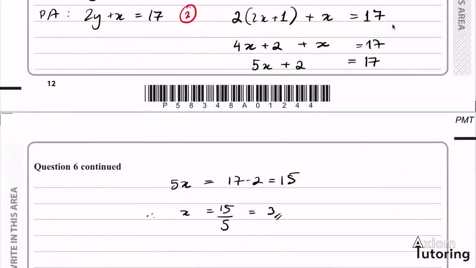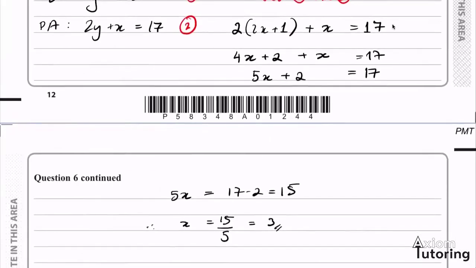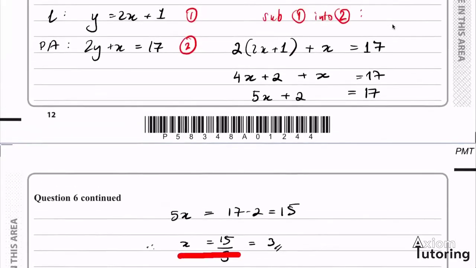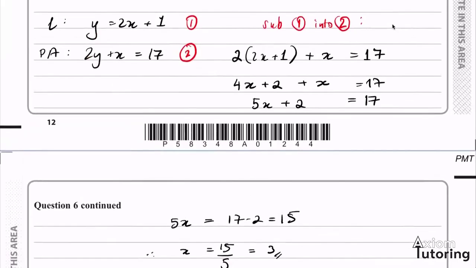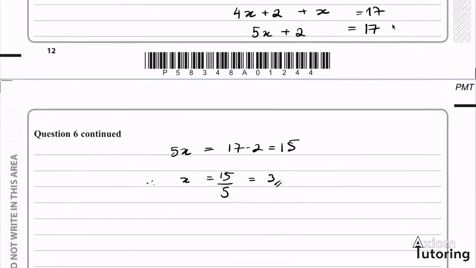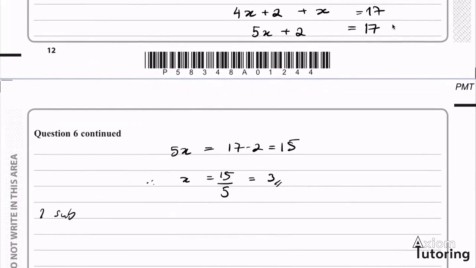Now all we need to do is find the corresponding y coordinate. We're going to take x equals 3 and substitute it into either equation, L or PA. I'll just substitute it into L because it seems a bit easier. Substitute the x value back into one of your equations.